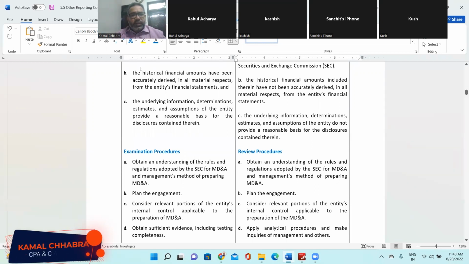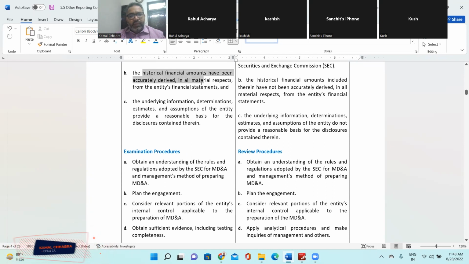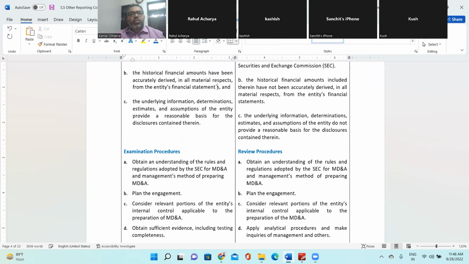So the point here is that historical financial amounts have been accurately derived, in all material respects, from the entity's financial statements. That means the financial statements which you have audited in the current year or earlier years, if there is any historical information coming in the MD&A, it should be derived from there directly, and it is your responsibility to vet that information.